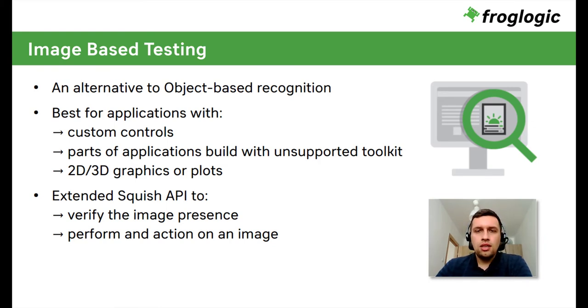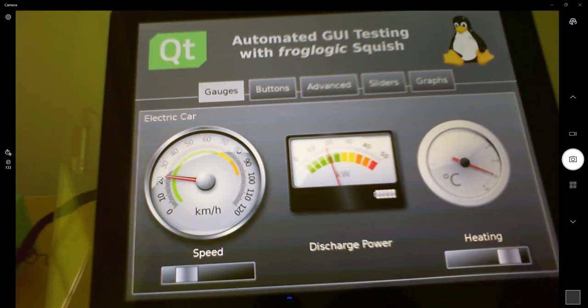We can use image-based testing to test 2D, 3D graphics or plots, such as medical imaging data. With image-based recognition, a UI control is recognized by its appearance. With Squish, the user can define a scenario to verify the image presence or to perform an action on an image, for example, click or double-click the image.